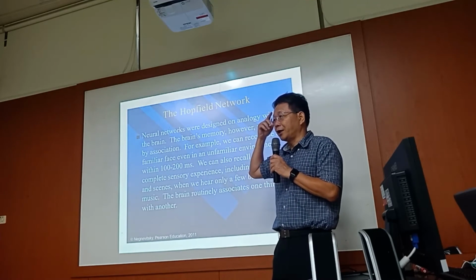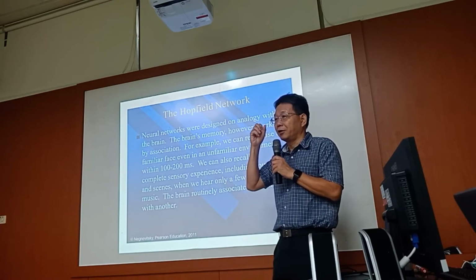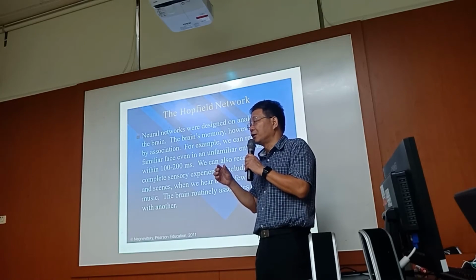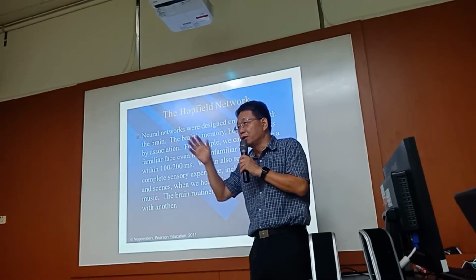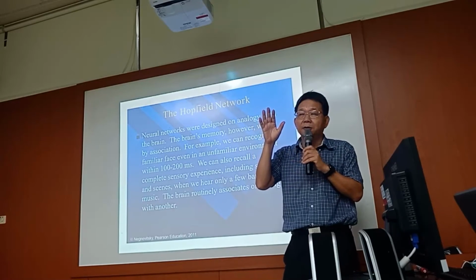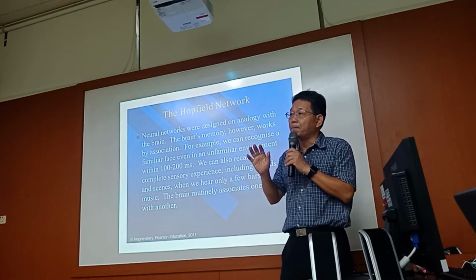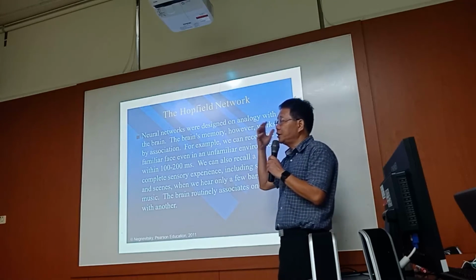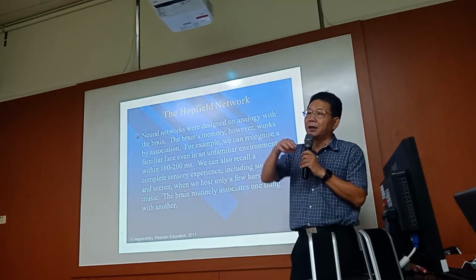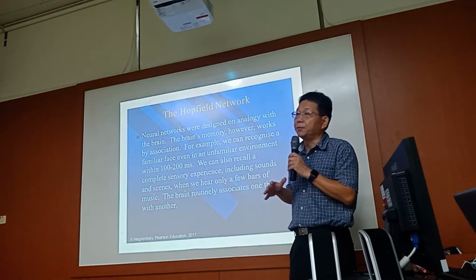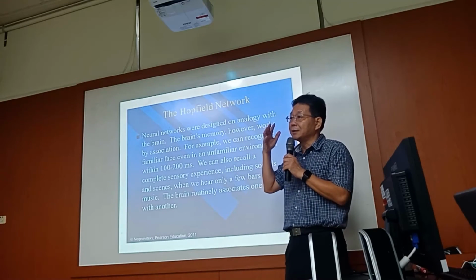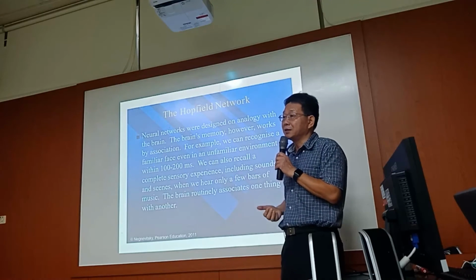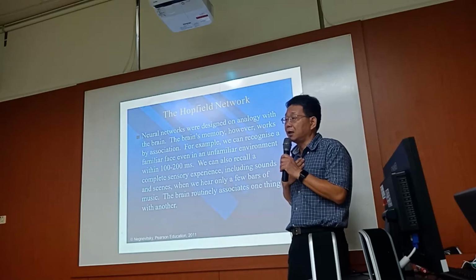But in your brain, you can recognize this one is the professor, or this one is your supervisor, even from very far away. Also, when we hear a sound in a group of people, you can understand that sound is a person you recognize.